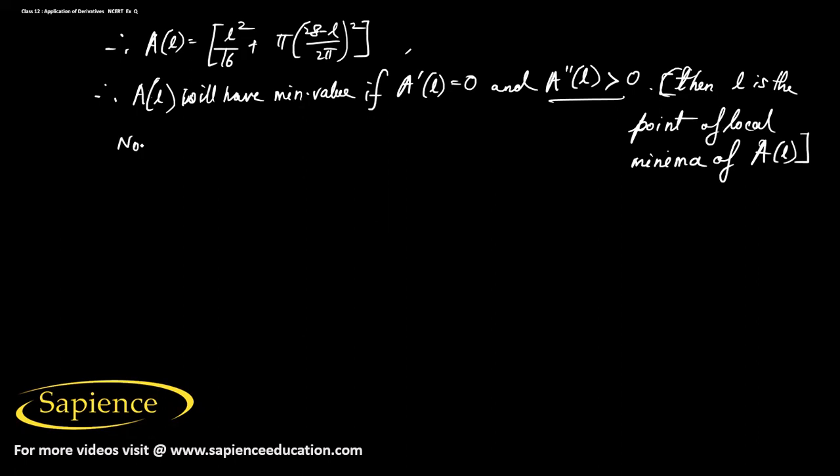So now we have to find A dash L. A dash L will be equal to d by dL of L square by 16 plus pi into 28 minus L by 2 pi whole square.